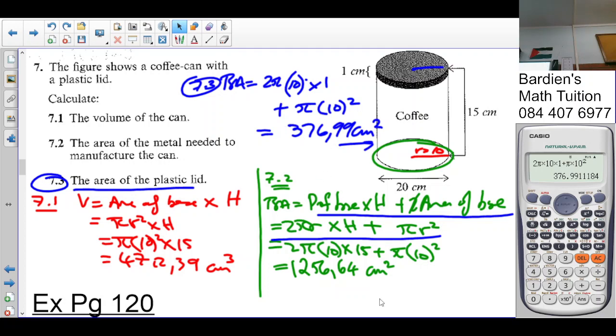I made a mistake somewhere. What's my mistake? So I said 2 pi r, no, that is for the body, times 1 plus pi. Just hang on. 2 pi times 10 plus 10.